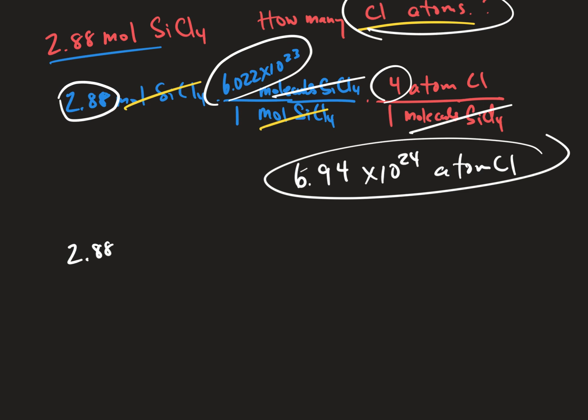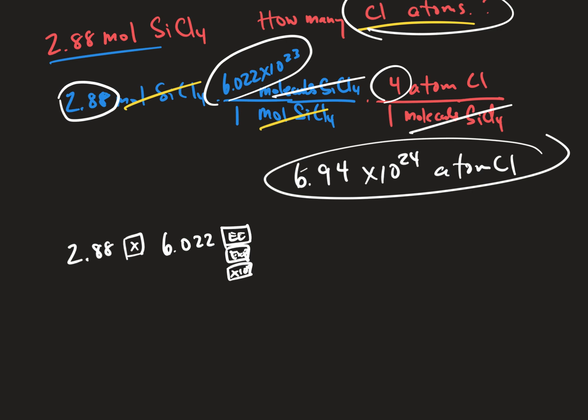2.88, then I'm going to push the multiply button because the other number's on top, right? And then 6.022, instead of writing times 10, a button on your scientific calculator that means times 10 is EE or EXP, or a button that says times 10 to the x power.